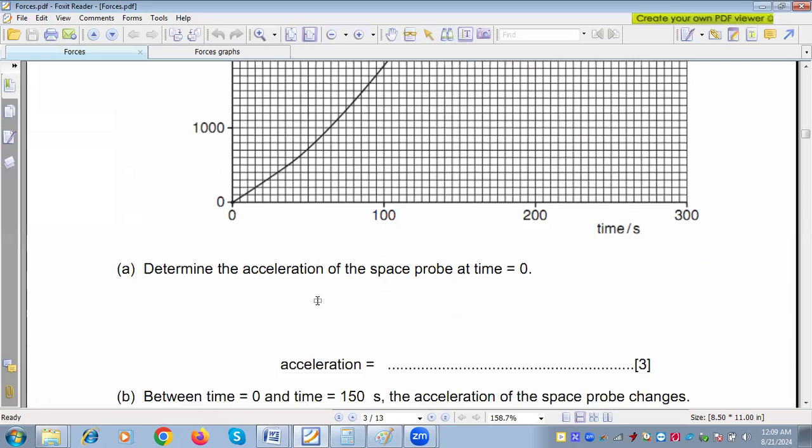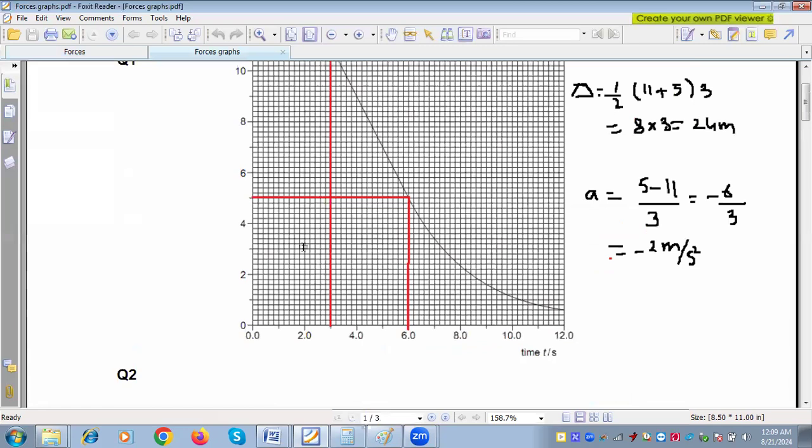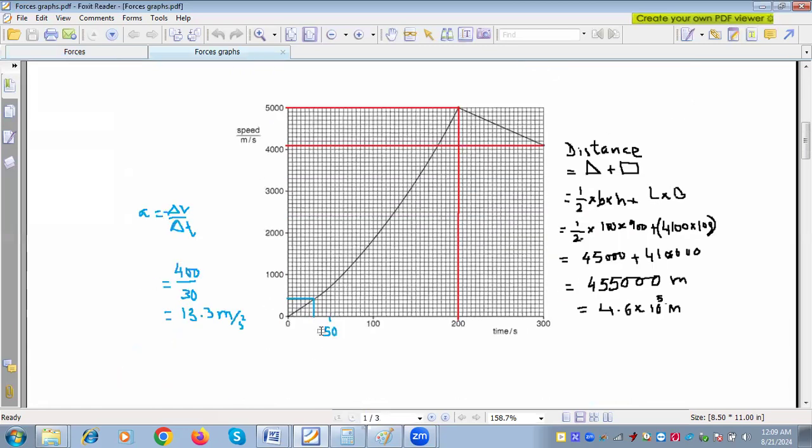The working of this is also done. I will show it here. This is the acceleration, the change in velocity from 0 to 1000. 10 divisions are equal to 1000, so 4 divisions are equal to 400.